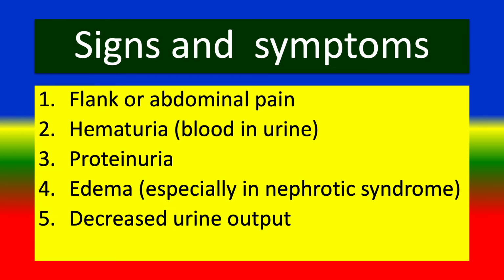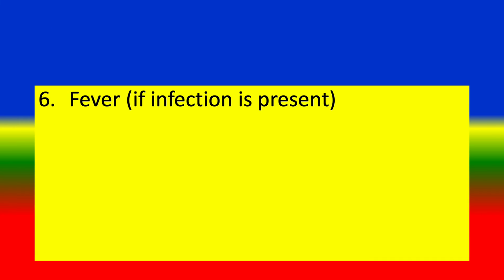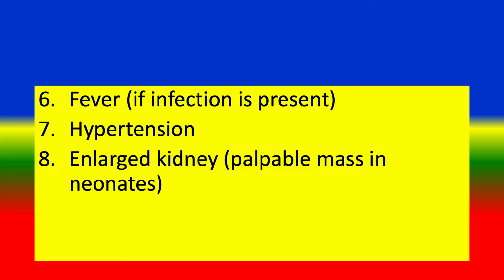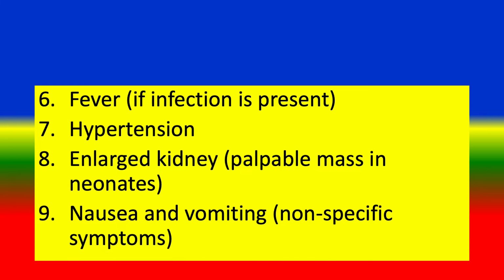Decreased urine output. 6. Fever if infection is present. 7. Hypertension. 8. Enlarged kidney, palpable mass in neonates. 9. Nausea and vomiting, non-specific symptoms.